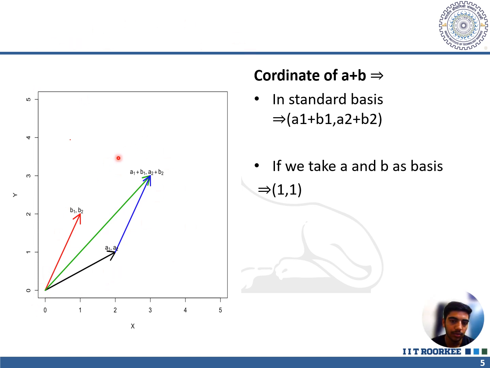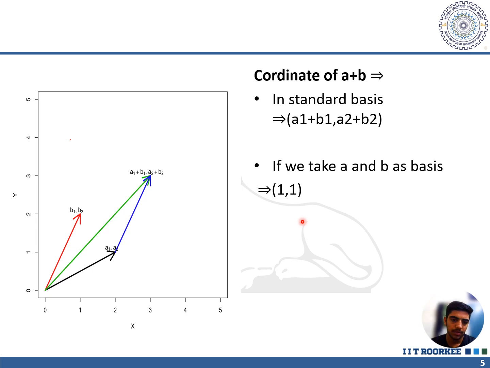So what will be the coordinates of this vector a plus b if we take the basis as a comma b? You can see that a plus b can be written as 1 into a, which is our first basis vector, and 1 into b, which is our second basis vector. So the coordinates of a plus b, if we take the basis a comma b, are (1, 1).